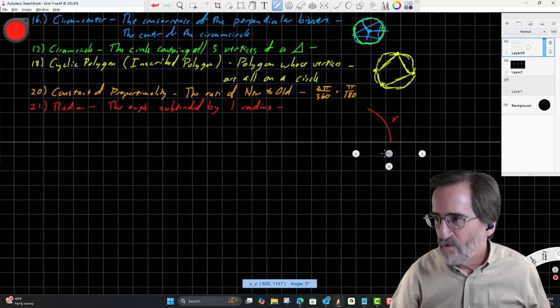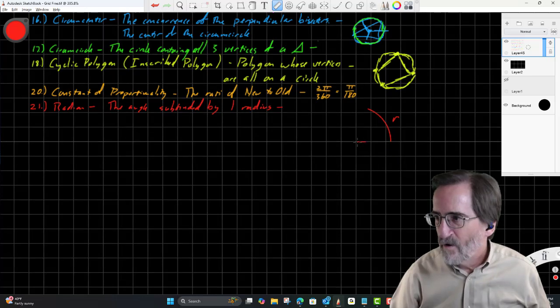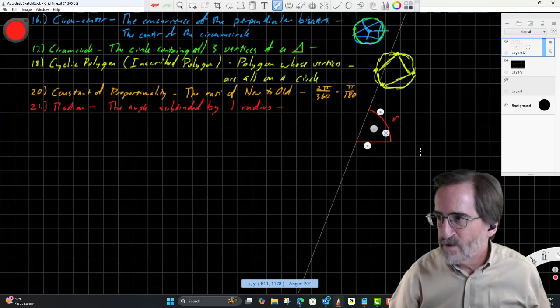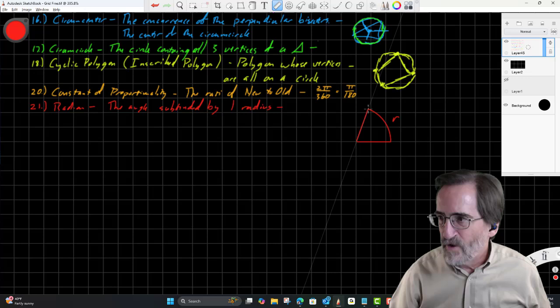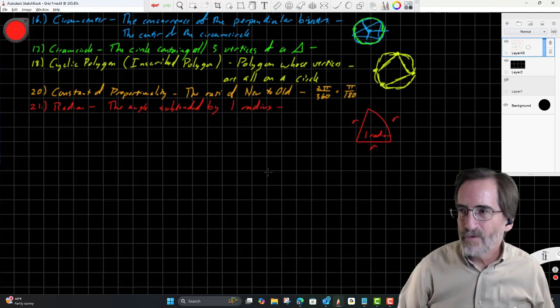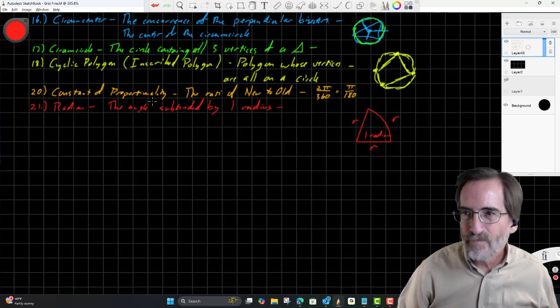Okay, so 1 radius. In other words, where that arc length, that curved path, is the same as the radius of the circle. That is 1 radian.